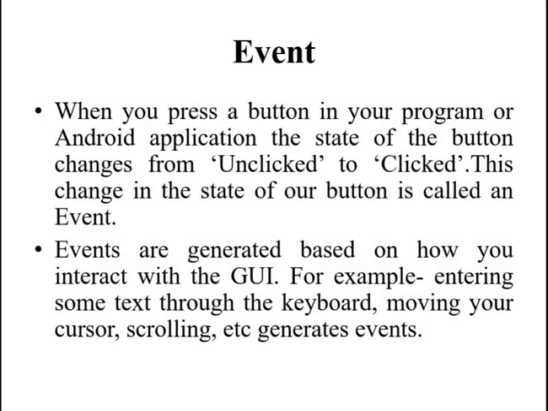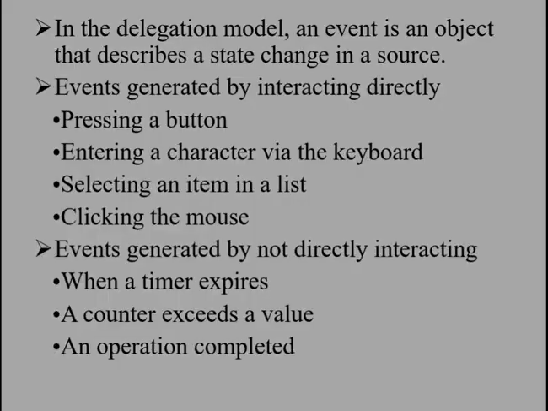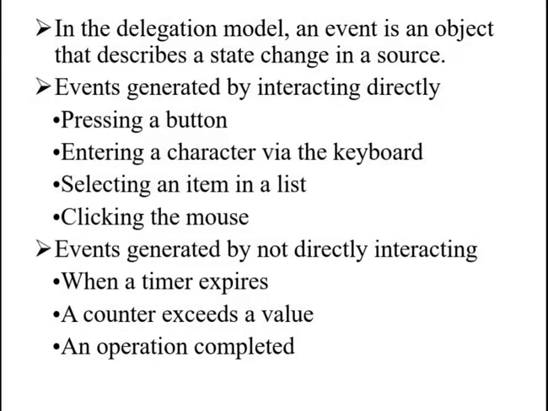Events are generated based on how you interact with the GUI. For example, moving your cursor, scrolling are examples of generating the events. Then, in the delegation model, an event is an object. Event is an object that describes a state change in a source.